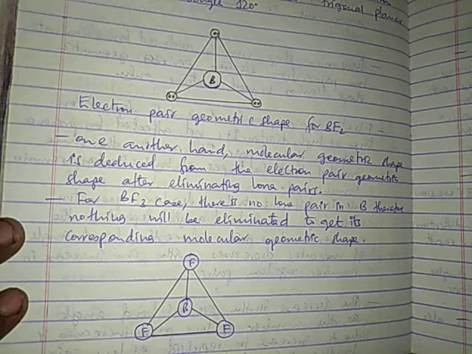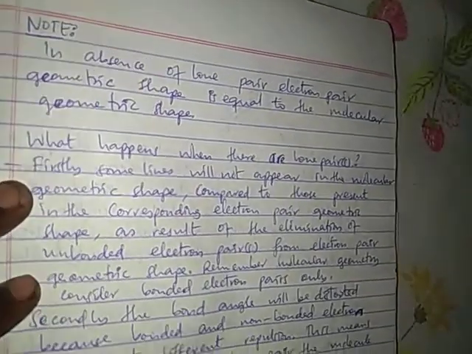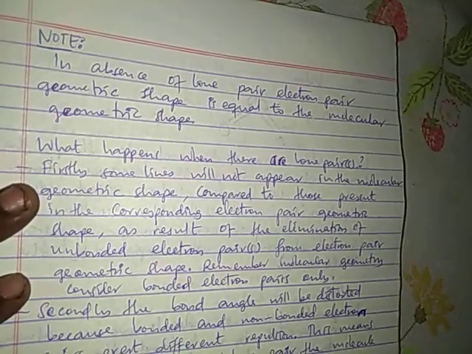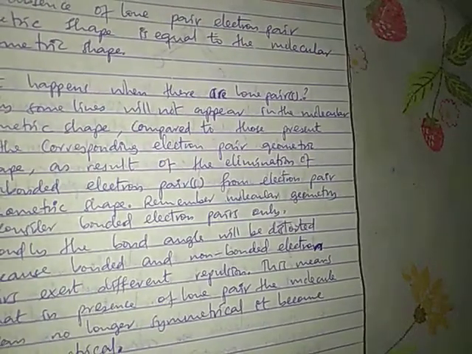So the molecular geometric shape will remain the same. So for example, here is the case of boron fluoride, but let's see some of the cases here, that in the absence of a lone pair, the electron pair geometric shape is equal to the molecular geometric shape.